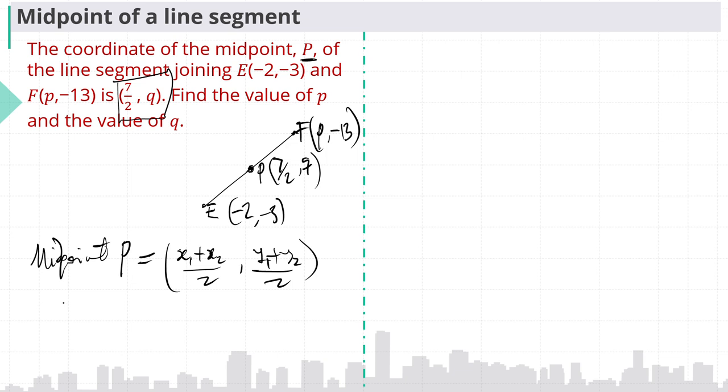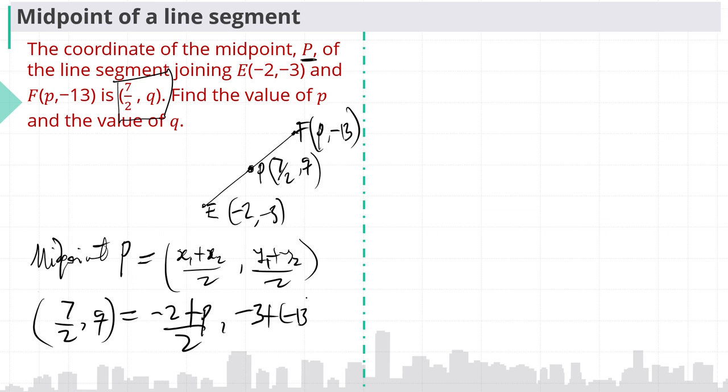Now, the question says that midpoint P is (7 over 2, Q). What are the x coordinates? Minus 2 plus P, divide by 2, comma, minus 3 plus minus 13, divide by 2.